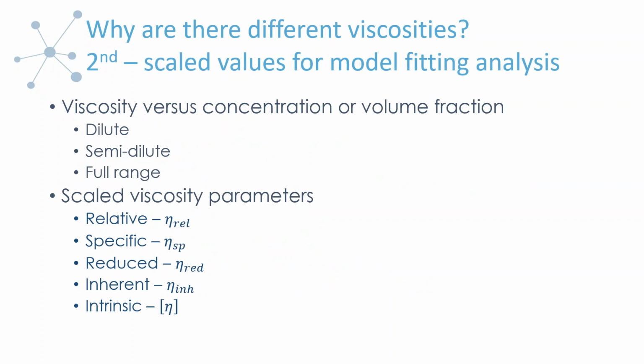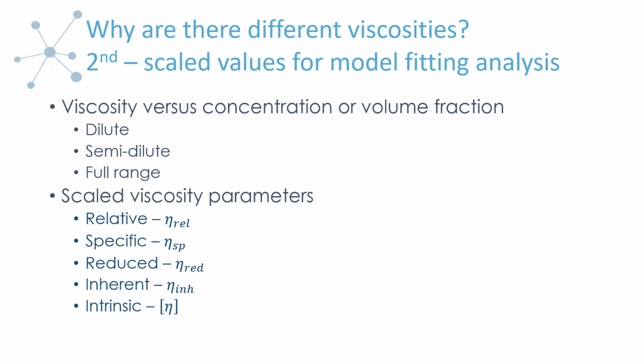The second reason that we tend to have different labels for viscosities is that one of the common experiments people do is look at viscosity as a function of concentration or volume fraction of their colloidal particles or macromolecules, whether it's a polymer or a protein or antibody.